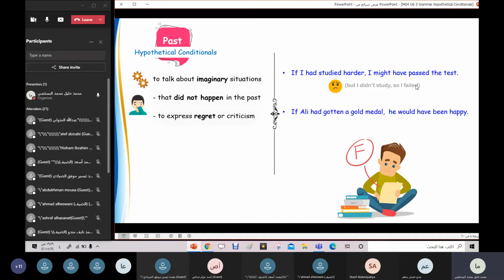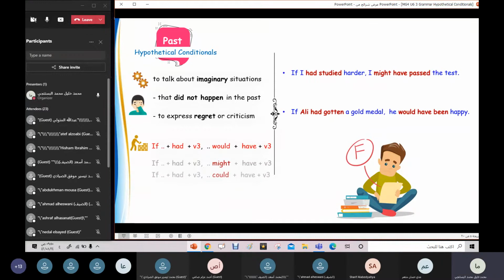Have plus verb 3. But this is an imagined sentence. What about the facts? Ali didn't get a gold medal, so he wasn't happy.